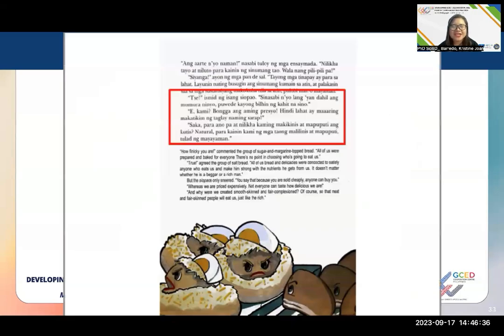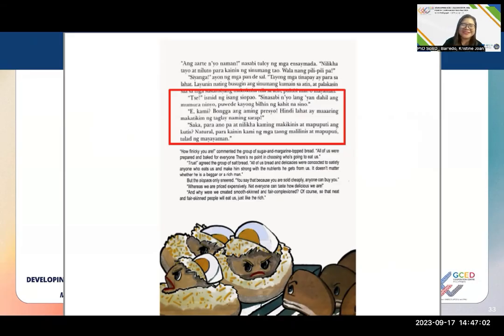Che, ismid ng isang siopao. Sinasabi niyo lang yan dahil mumurahin kayo. Pwede kayong bilhin ng kahit na sino. Kami, bongga ang aming presyo. Hindi lahat ay maaaring makatikim ng taglay naming sarap. Sa katunayan, nilikha kaming makikinis at mapuputi ang kutis, natural para kainin kami ng taong malilinis at mapuputi tulad ng mayayaman.